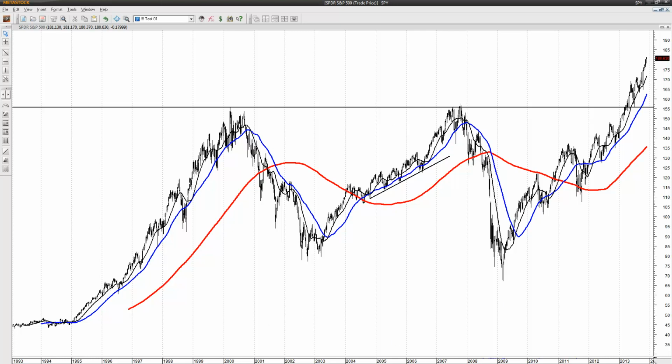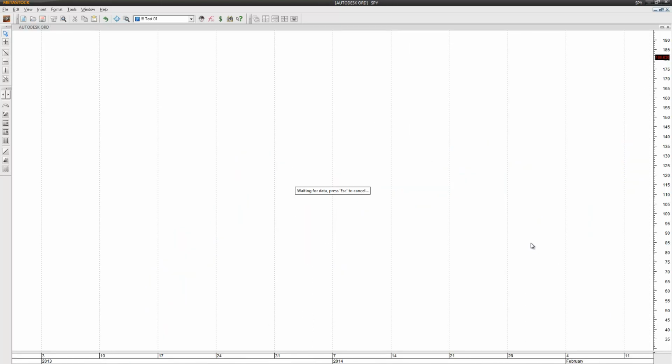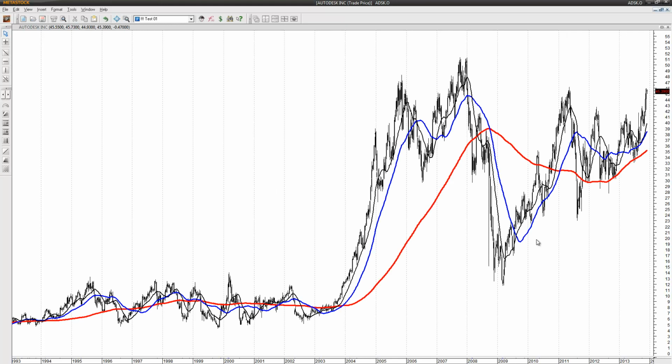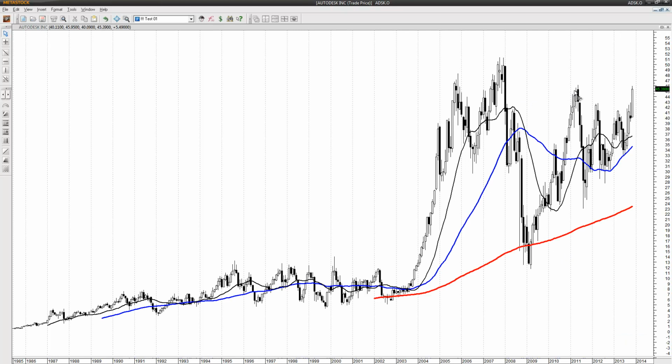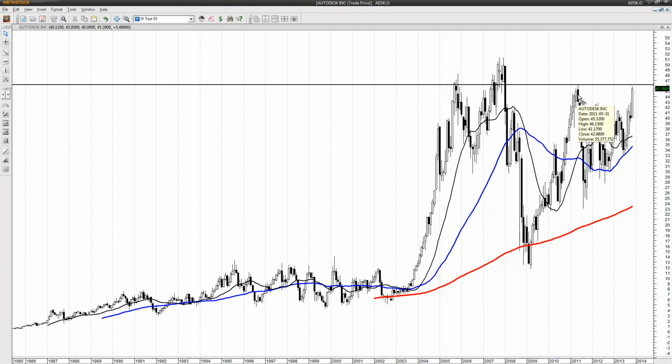Take a look at the first chart. It's Autodesk, and I'm using this high peak from 2011 as my resistance line, and the print is exactly 46.15. That's the high print.